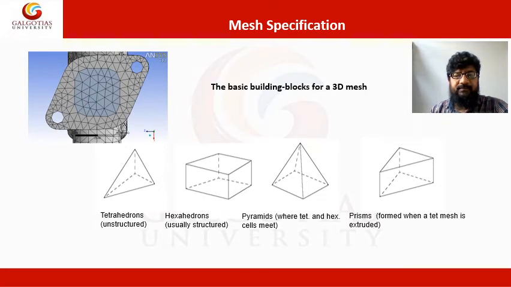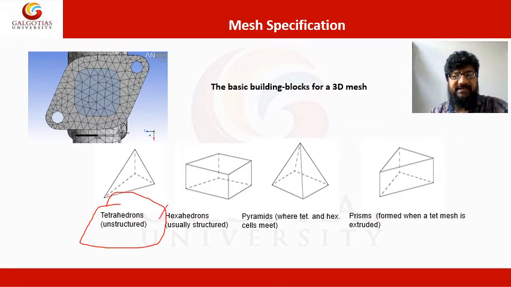The basic building blocks for mesh are the 3D cells, which can be of different geometry, shape and size. Basically we use hexahedrals and tetrahedrals. A tetrahedral mesh is mostly used for unstructured mesh, and in unstructured mesh cells are arranged arbitrarily and the neighbor is not known.